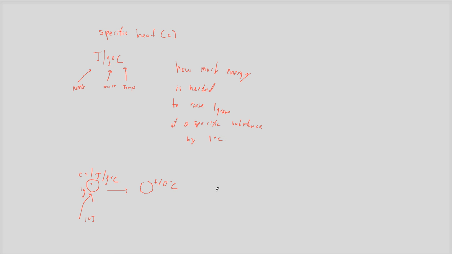And you can of course make the case, well, if I had another thing, I don't know what this is either. Say its specific heat is 4 joules per gram degree Celsius. But let's say it's 2 grams. Okay, there's 2 grams. And now I say I'll give it 16 joules. Okay, so let's think about this.